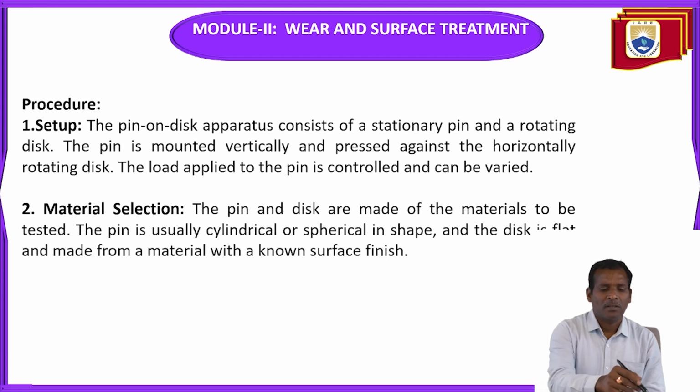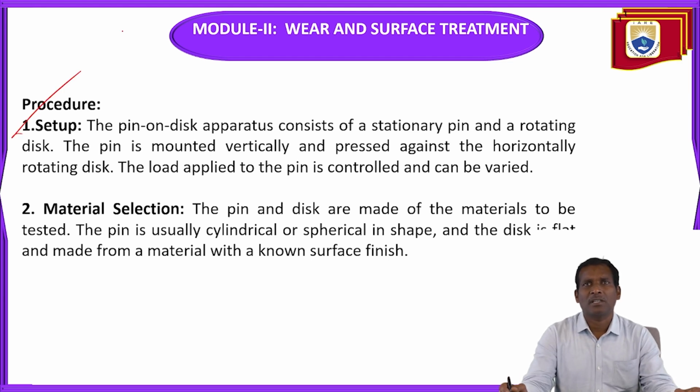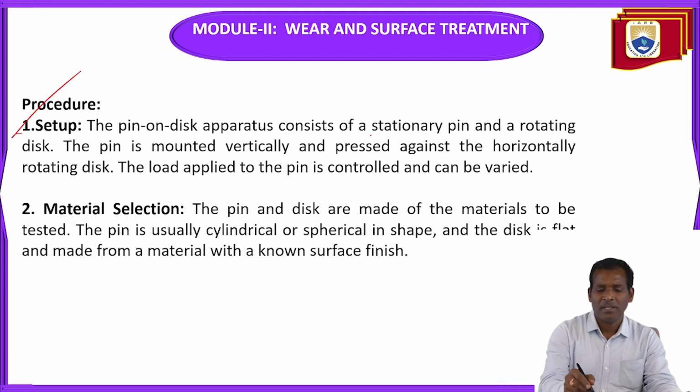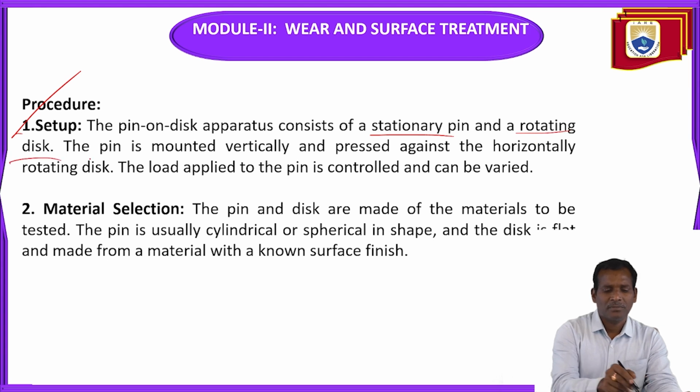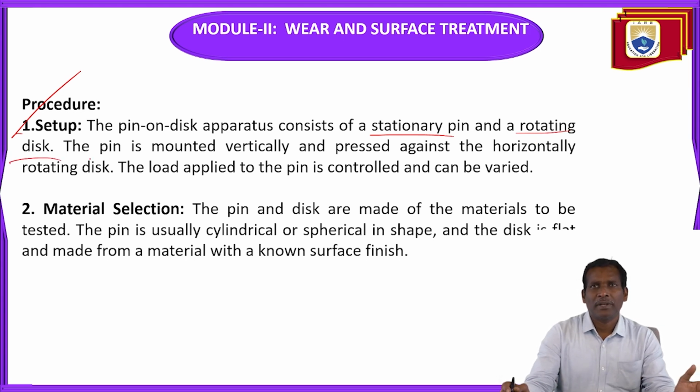So the procedure is given here. One is setup. The pin on disc apparatus consists of a stationary pin and a rotating disc. The pin is mounted vertically and pressed against the horizontally rotating disc. The load applied to the pin is controlled and can be varied. Next, material selection: the pin and the disc are made of the materials to be tested.